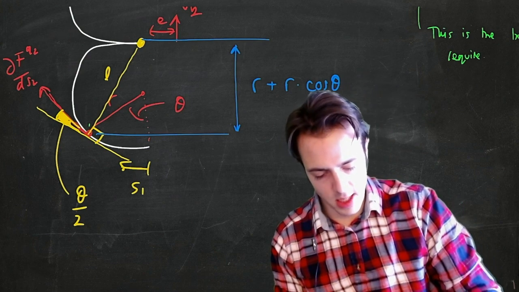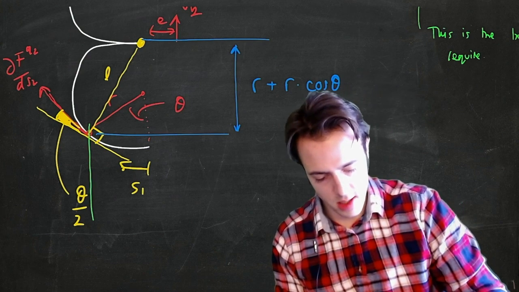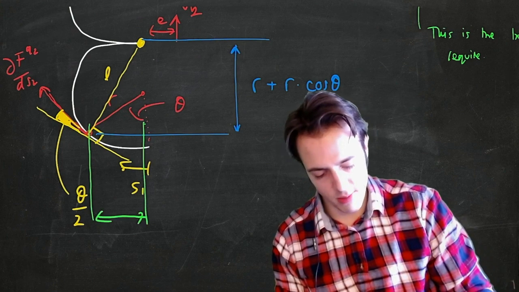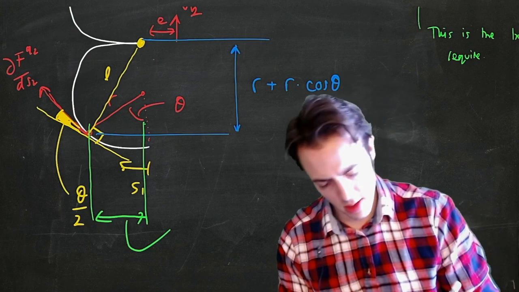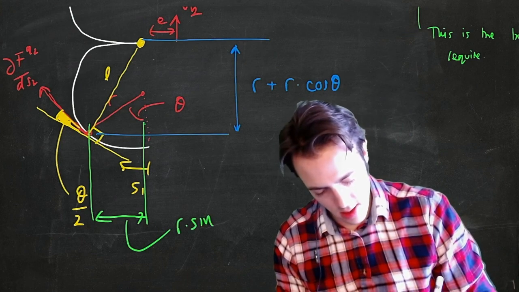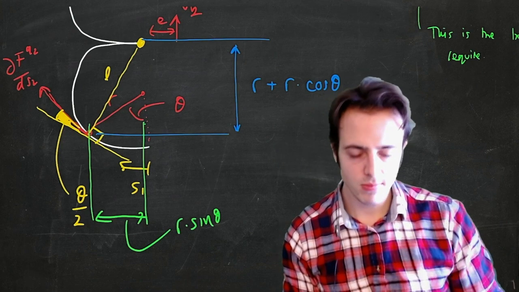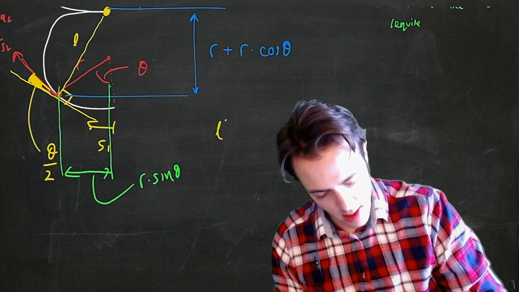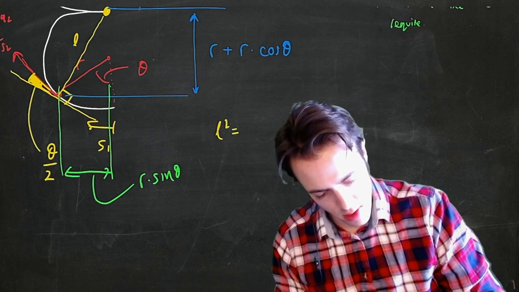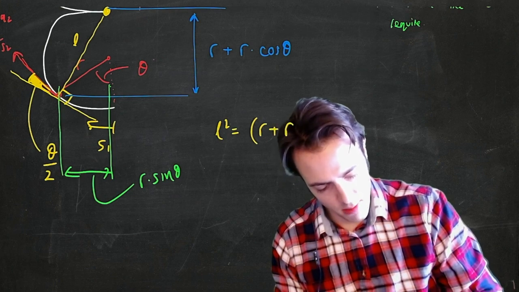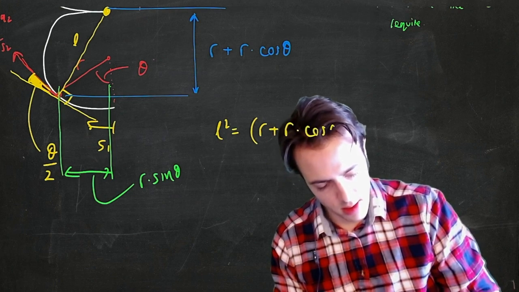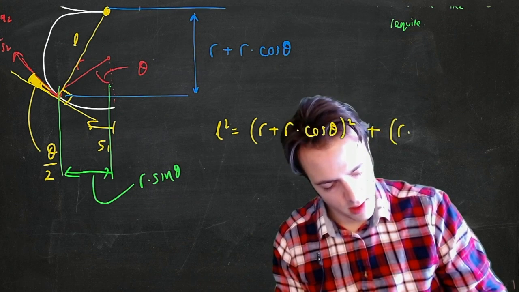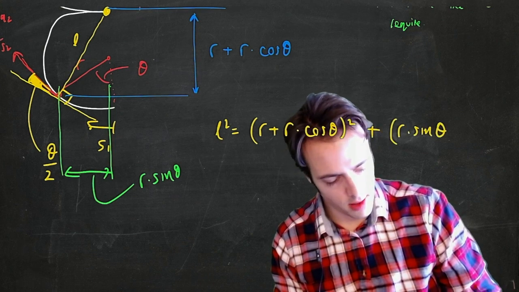This bit down here, it's a messy diagram, but you guys get to see it being drawn as we go along. It's going to be R sine theta. So it follows that L squared is equal to (R plus R cosine theta) squared plus (R sine theta) squared.